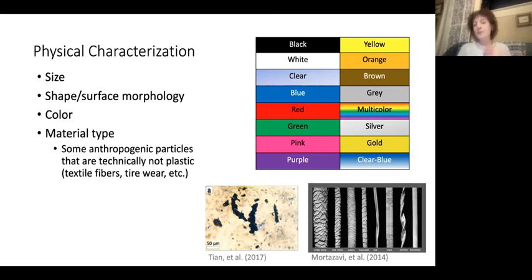Material type. There are some anthropogenic particles that are technically not plastic as you would think of plastic, like a plastic beach ball or something like that. But textile fibers that are made from synthetic materials, like polyester, and tire wear, which is really at this point mostly synthetic anyway.